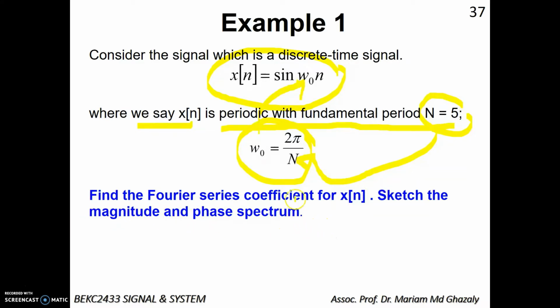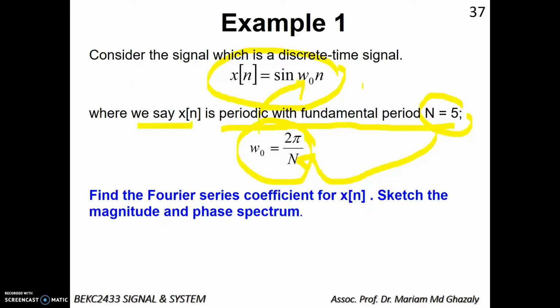What you need to do is first expand the equation for sin(omega_0 n) using Euler. You know that for Euler, sin(omega_0 n) is equivalent to 1 over 2j in brackets, e^(j omega_0 n) minus e^(-j omega_0 n). So you expand it, and then you may find the values for a_0, a_1, a_2, a_minus 1, a_minus 2, and so on.